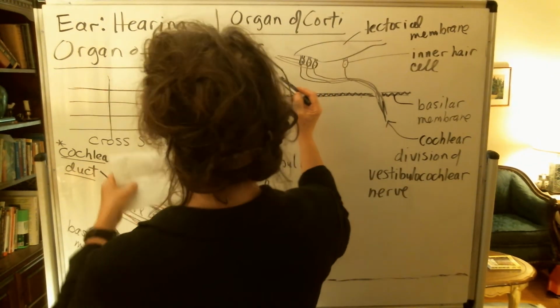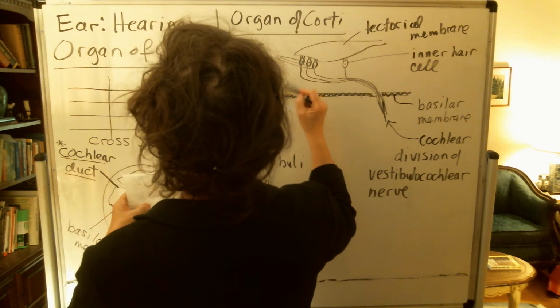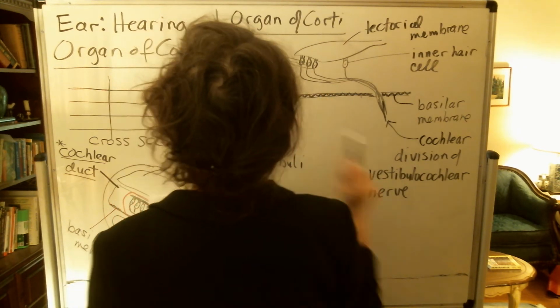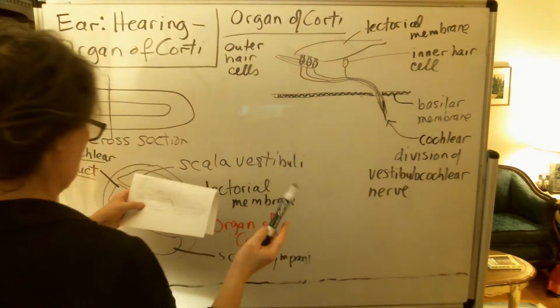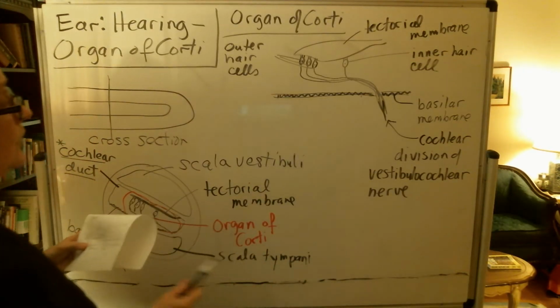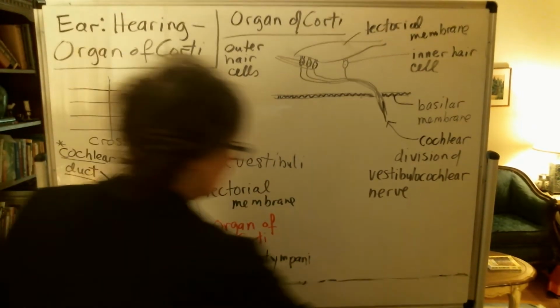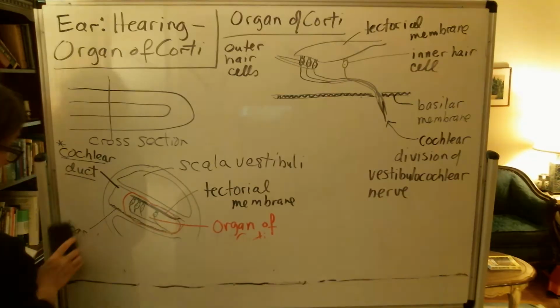And then in here, just so you know, there are also some support cells, but I'm not going to bother drawing them in right now. So here you have the basic plan of the organ of Corti.